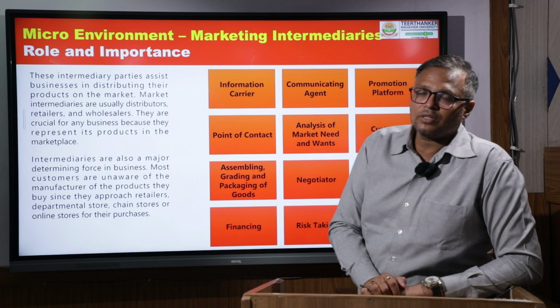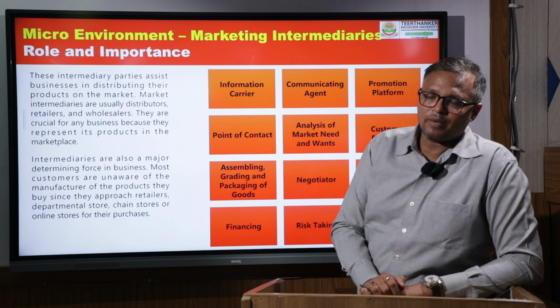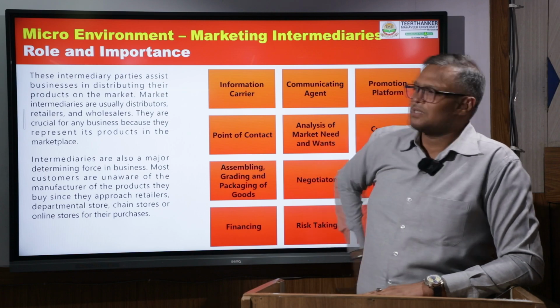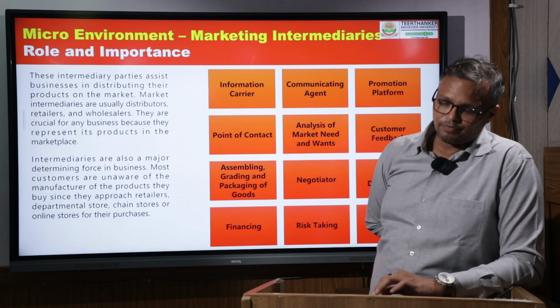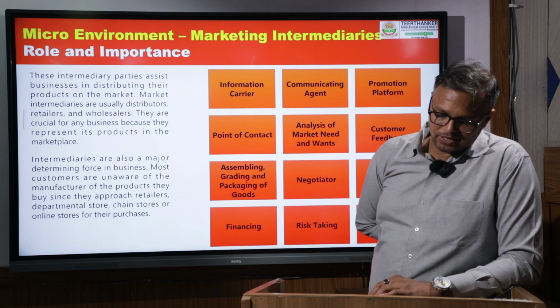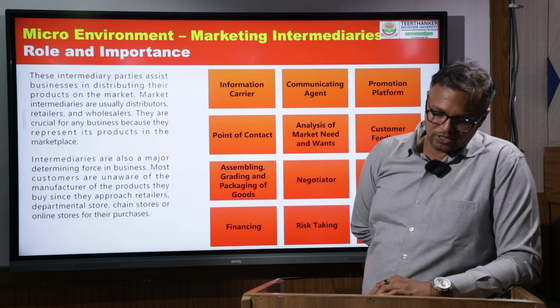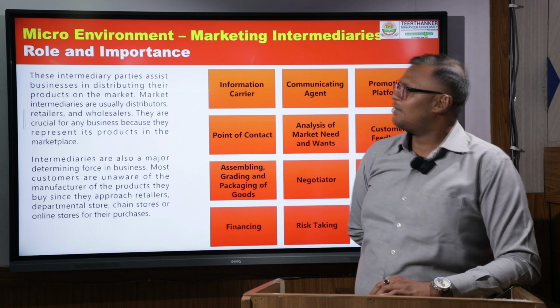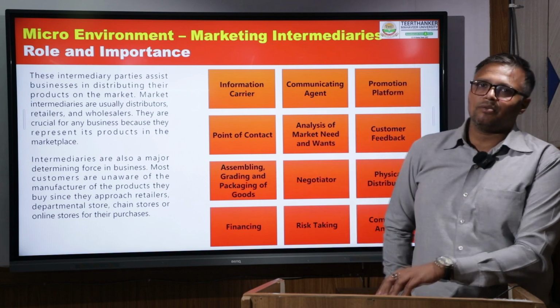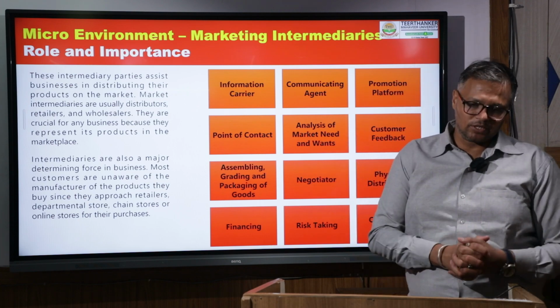Now, what are the things that a company benefits from through these marketing intermediaries? The first thing is the information carrier. Information carrier represents the ability of the carrier to transmit the information.